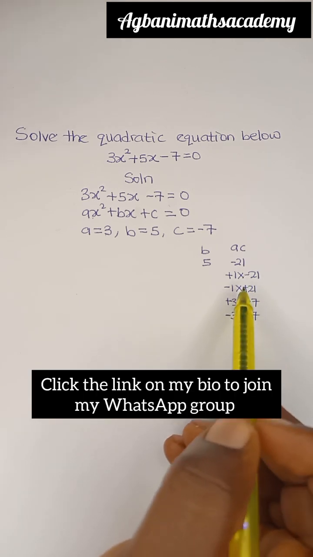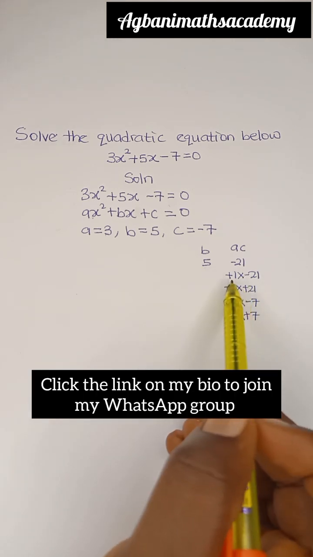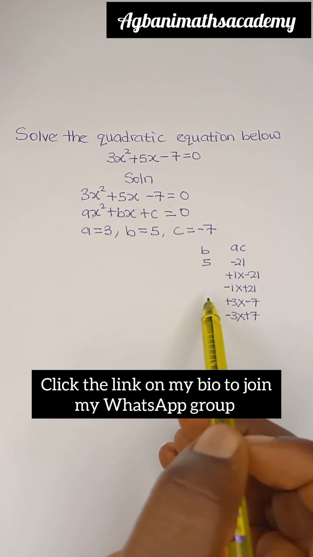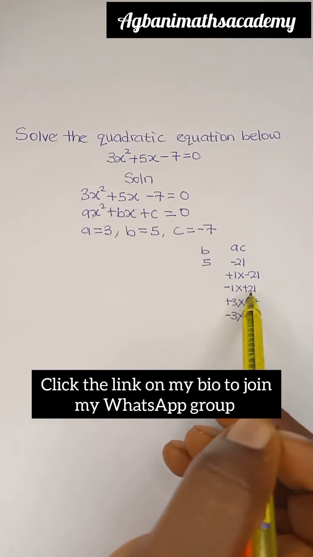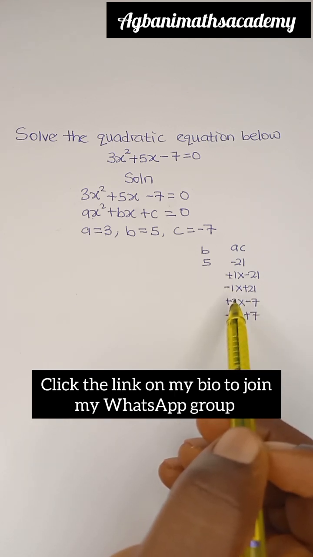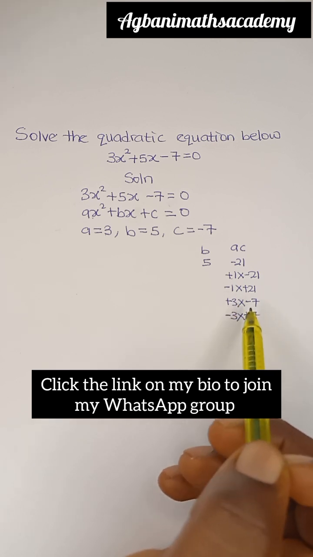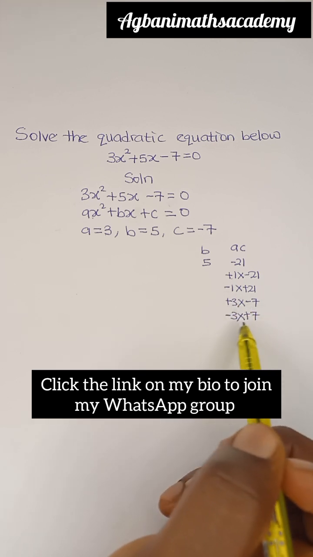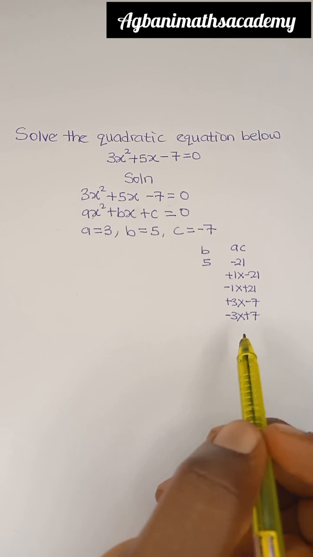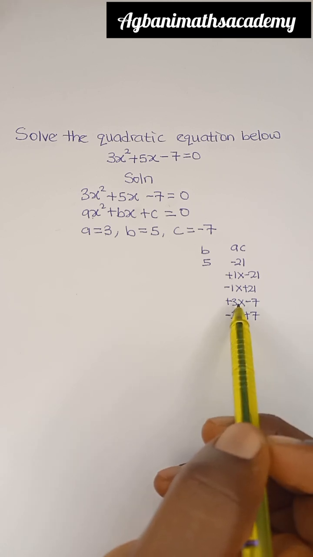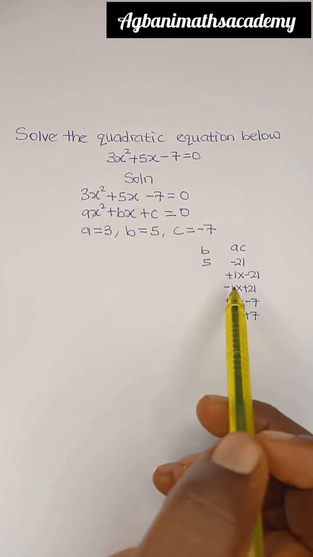But can any of these groups add themselves to give us plus 5? Plus 1 minus 21 is going to give us minus 20. Minus 1 plus 21 is going to give us plus 20. Plus 3 minus 7 is going to give us minus 4. And minus 3 plus 7 is going to give us plus 4. So none of these four sets of numbers will add themselves to give us 5.